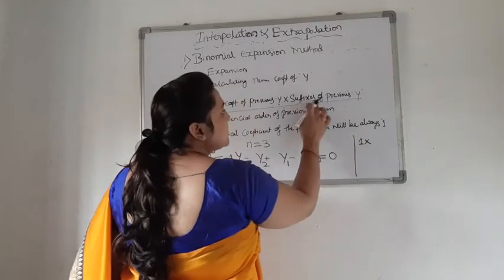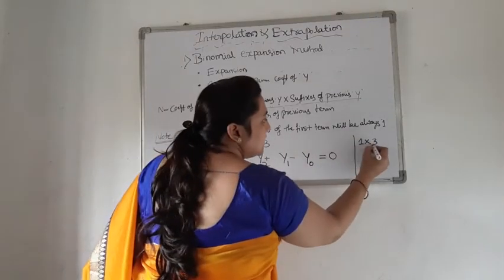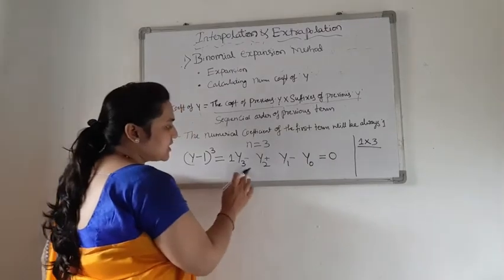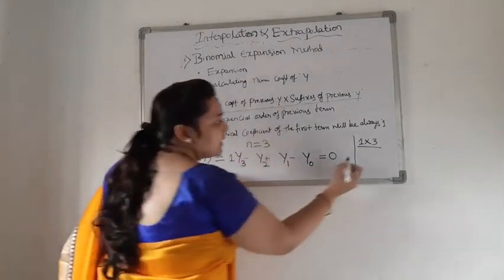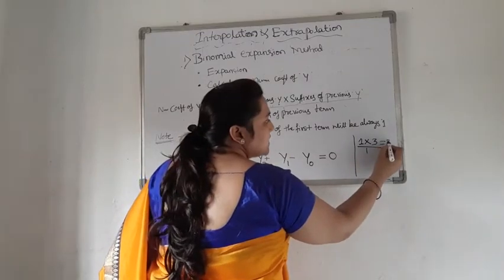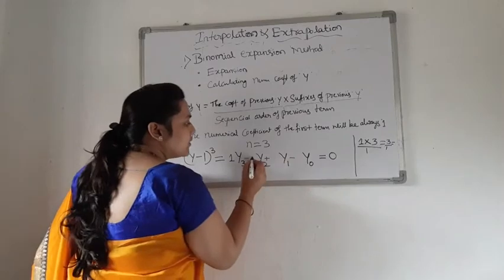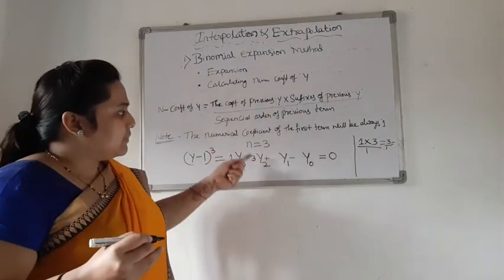Into the suffix of previous y is how much? 3. Divided by the sequential order of the previous term. This is the first term, so we write 1. 1 into 3 is 3. 3 divided by 1 is 3. That 3 we write here. The second term coefficient will be 3.